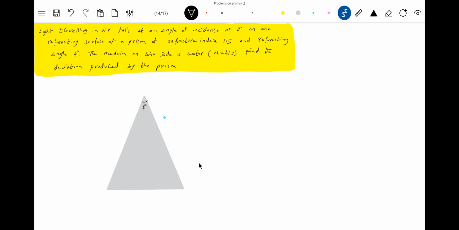The medium on the other side is water. This is a small angle. There's a glass, there's a water, there's air. Find the deviation produced by the prism.